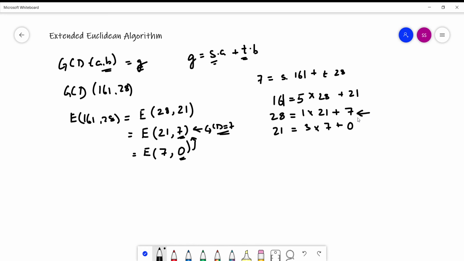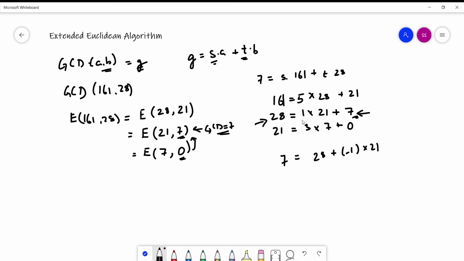Now what we have to do is backward substitute the remainder from the step where we are getting the GCD. So we write 7 is equal to, from this equation, 28 plus minus 1 into 21, correct?